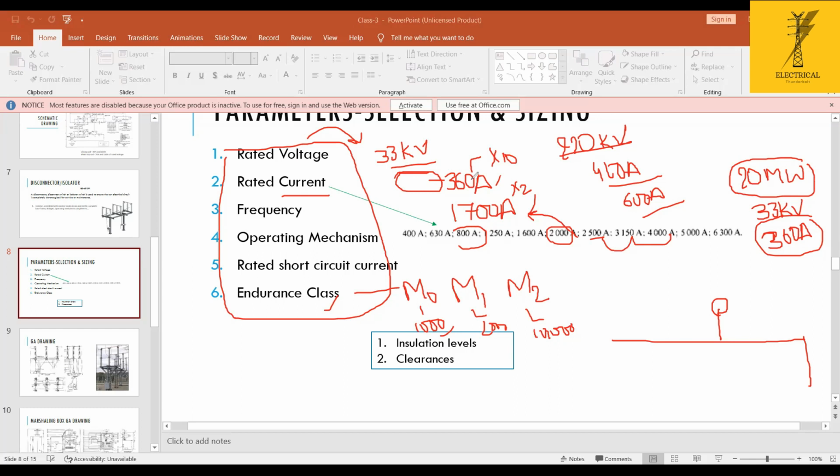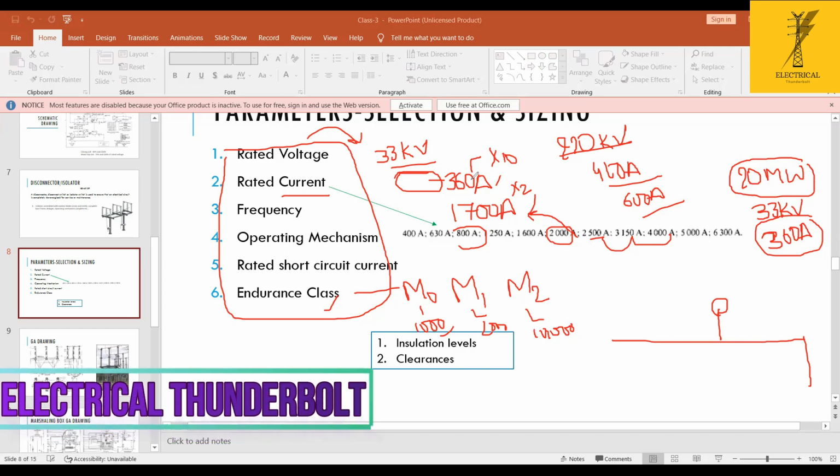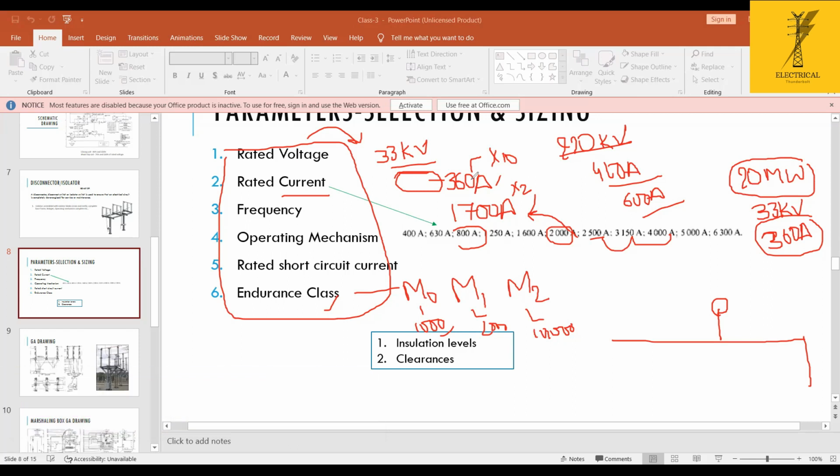And the current density at all the copper terminals, wherever you see copper in the isolator, should not be less than 2 amperes per square mm.